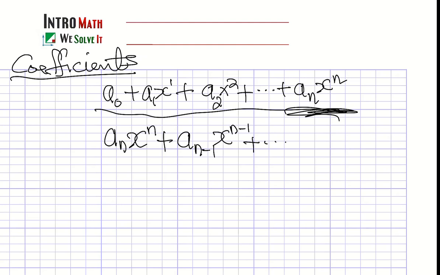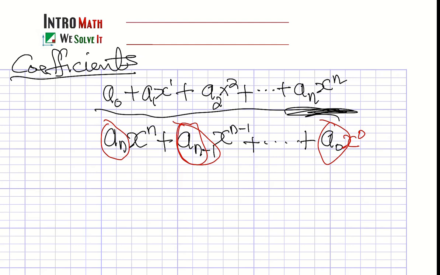You keep going until you get to a0, okay? You see that, right? So there are a couple of terms. Like I said before, these are the coefficients, all right? That's a coefficient. Actually, here is x raised to power 0, which is the same thing as 1, right?